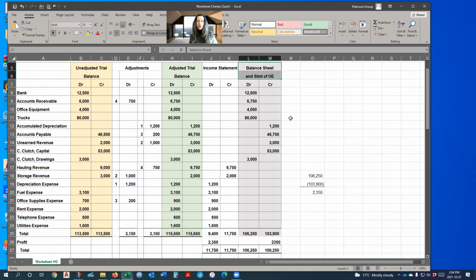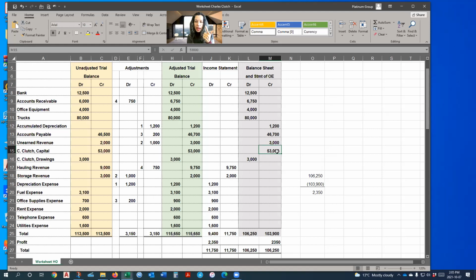What's the formula for the statement of owner's equity? The statement of owner's equity is opening capital plus investments. So the opening capital plus the investments are here in this $53,000. The balance carried forward from last year, plus any new investments this year, if there were any. Okay.